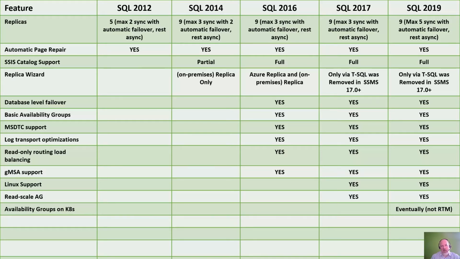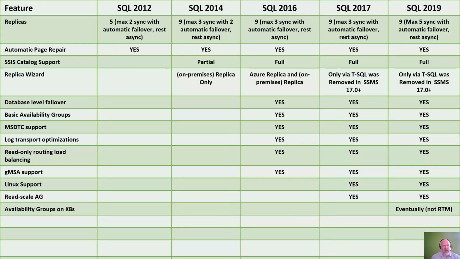Now, going up to 2019, we can have a maximum of 5 synchronous. Okay, so there's a much richer ability there. There's a couple of other things to point out here. You'll notice as of SQL Server 2016, we had basic availability groups introduced, which was really touted as being the de facto replacement for database mirroring, because it pretty much gave us everything database mirroring had in availability groups.